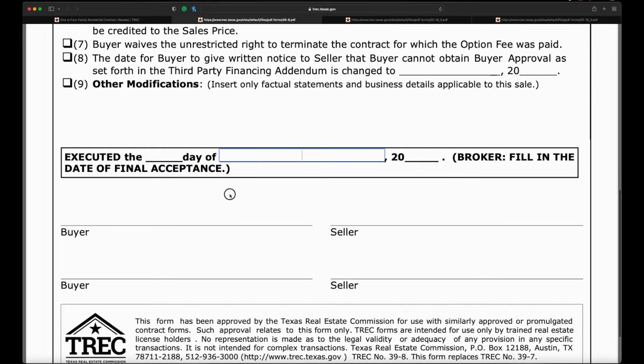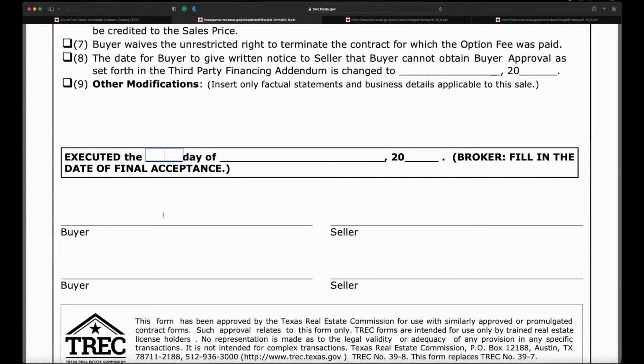Executed date, you all know about this. I'll remind you again. Do make sure that this is filled out. That's why it's in such big letters in its own little box, in big bold right here. This is the final day of execution. So you're going to have your people sign, and then you're going to send it over to the listing agent. If they get it signed, then the listing agent will put the date here.